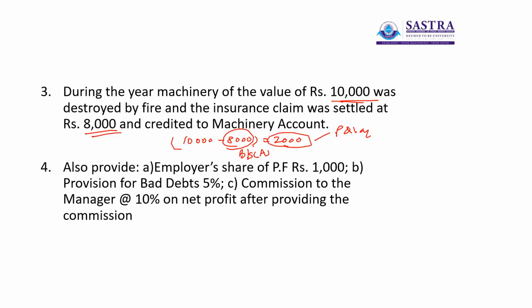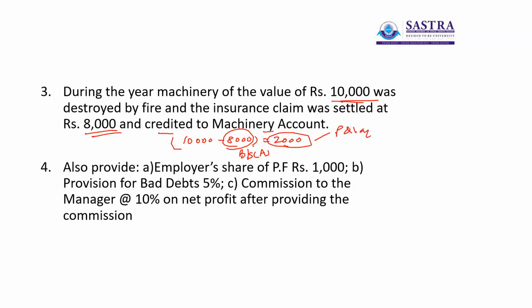The amount recovered from the insurance company will be shown on the balance sheet asset side. Normally, when the amount recovered from the insurance company to be shown on the balance sheet asset side, whereas here in this question, it is given, it is credited to machine account.